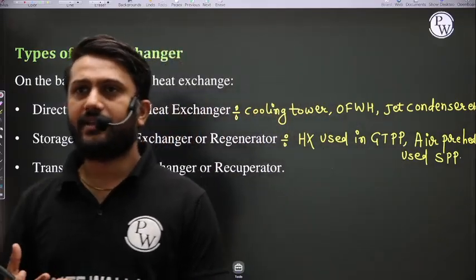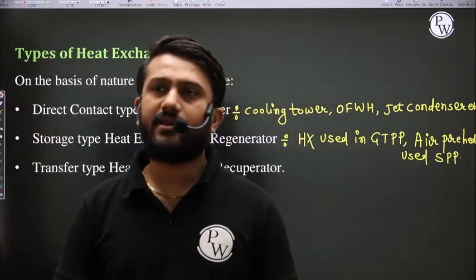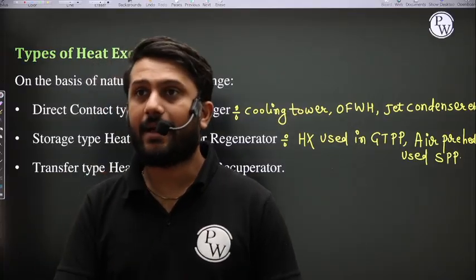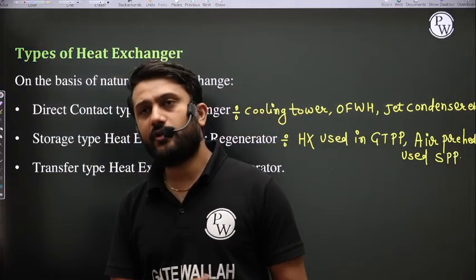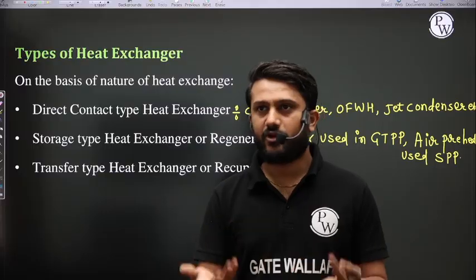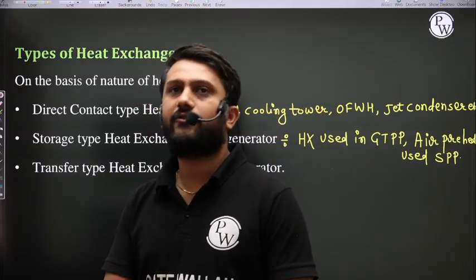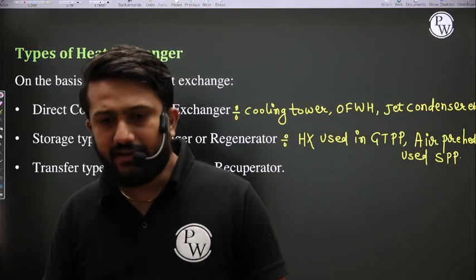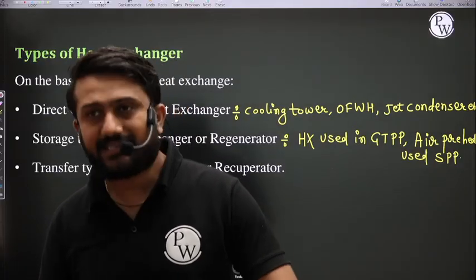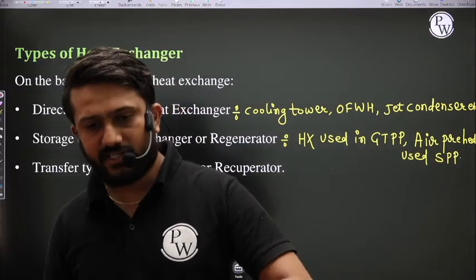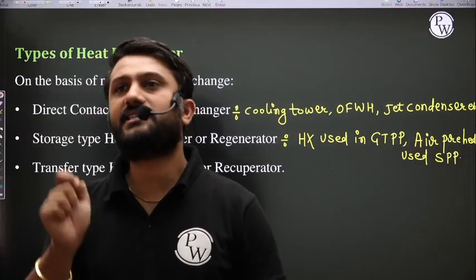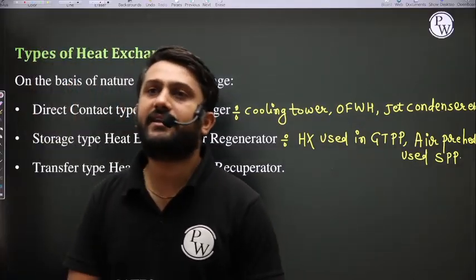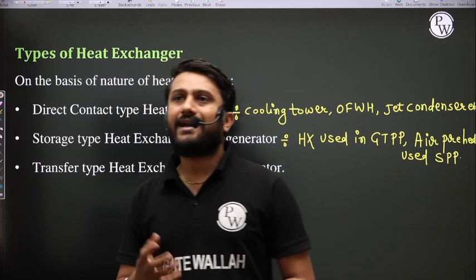So the air preheater, right: in the combustion chamber, fuel and air are required for the combustion. The air which passes through the combustion chamber is first preheated, right? So that is the air preheater.